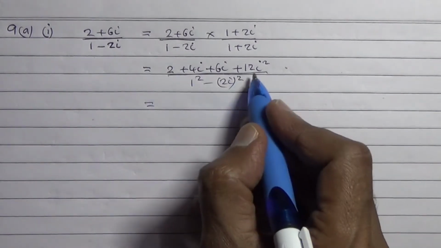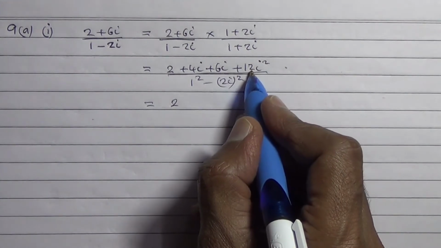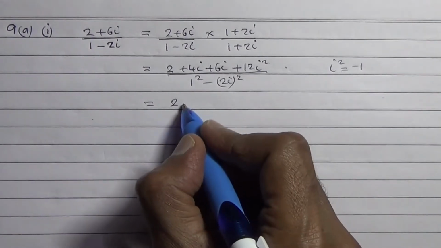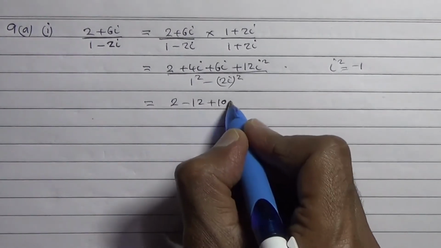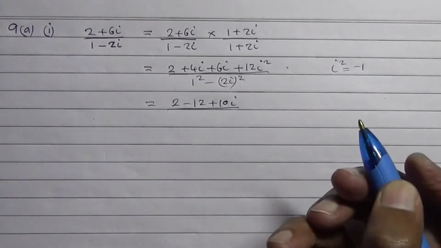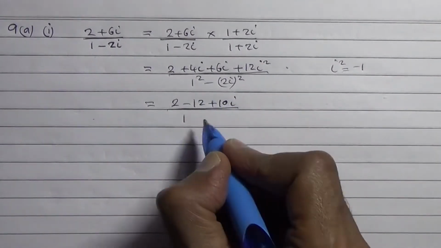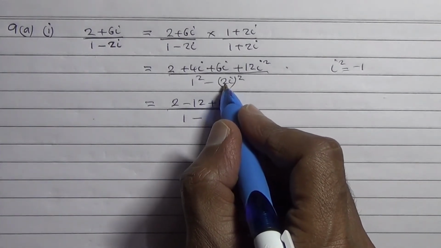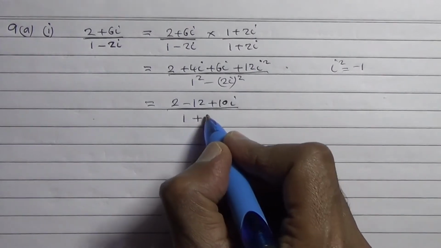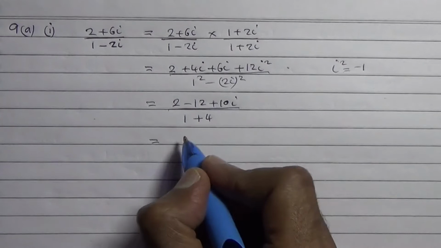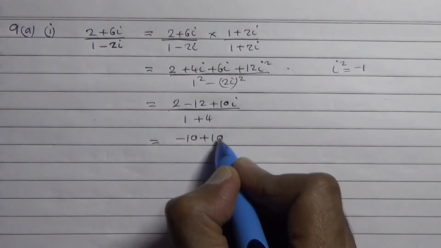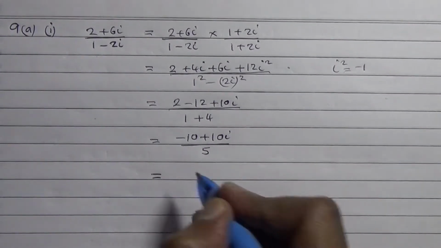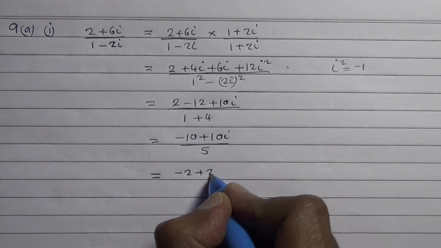Okay, so what do we have? 2 plus 12 times minus 1, because we know that i squared is minus 1, so that's minus 12, plus 10i, divided by 1 minus 4 times minus 1, which is plus 4. So basically we're saying (-10 + 10i)/5. So the answer is equal to -2 + 2i.